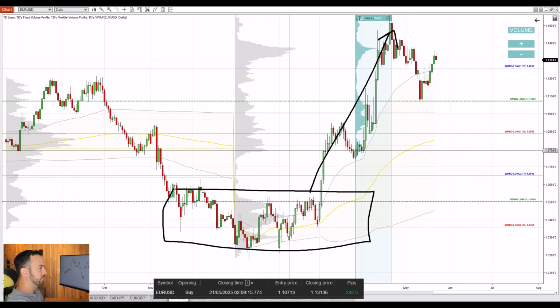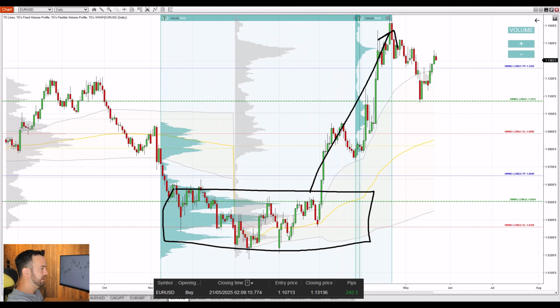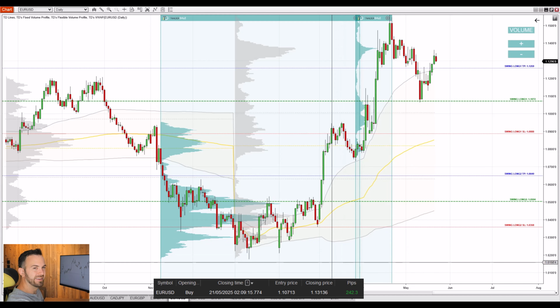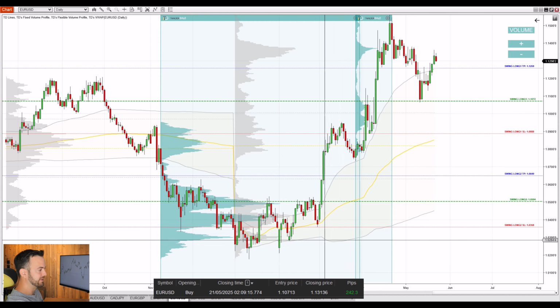Now in that rotation, by the way, there were massive volumes formed, those heavy volumes, and right here this is where the uptrend started, from this point, right? This was the breakout of that range and uptrend started. So you want to anchor the VWAP at this important place where the uptrend started, right?